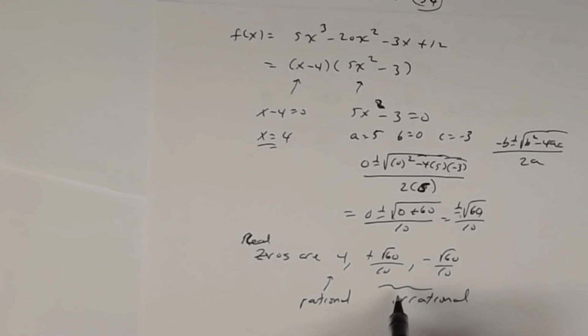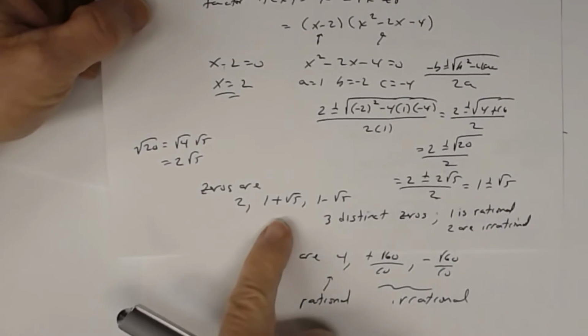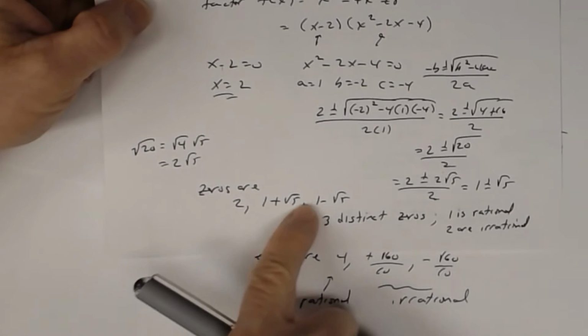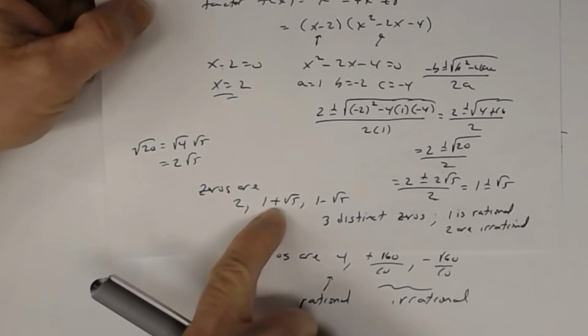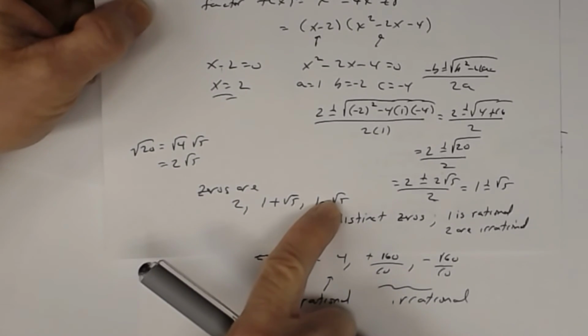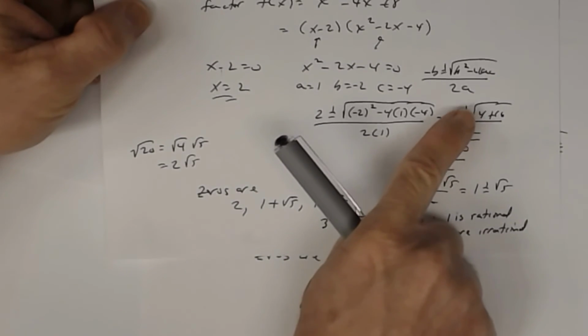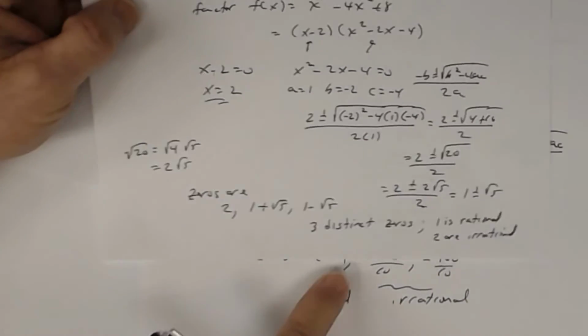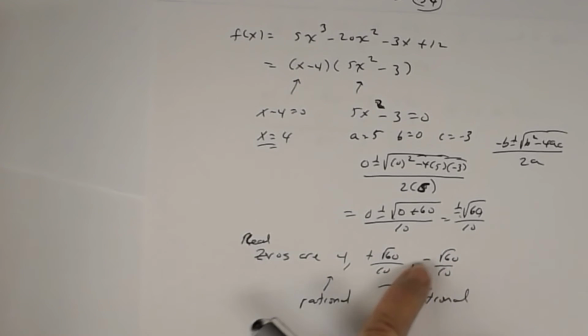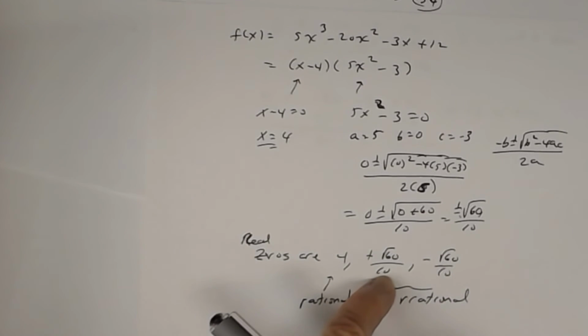And notice, just like the previous one, remember these are irrational, right? They occurred as conjugates: 1 plus the square root of 5, 1 minus the square root of 5. Kind of makes sense because in the quadratic formula, you have that plus or minus. Same thing here. These are conjugates: positive square root of 60 divided by 10, negative square root of 60 divided by 10.